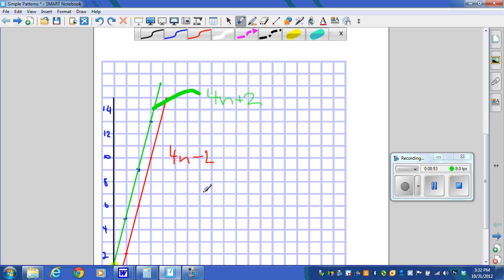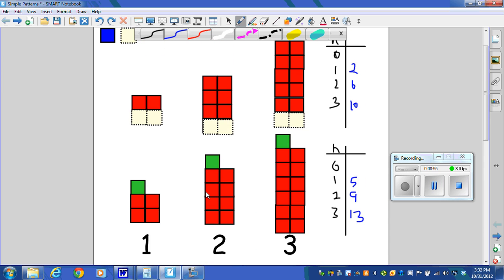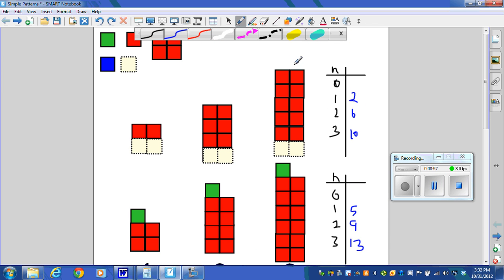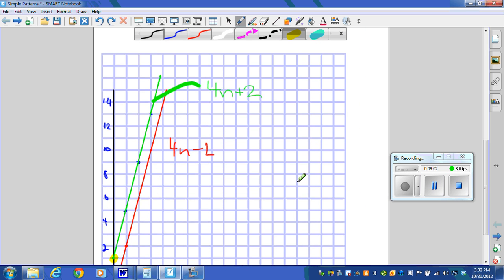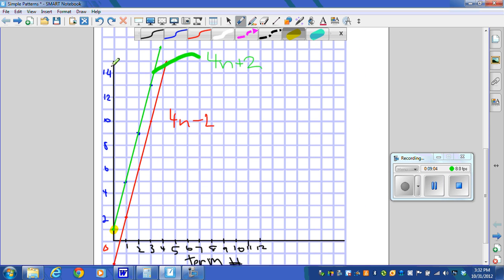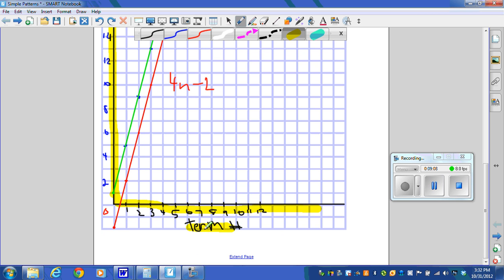Going back over it, step 1, table of values. Step 2, and I kind of did it in reverse, construct your graph. Term number is always on the horizontal.